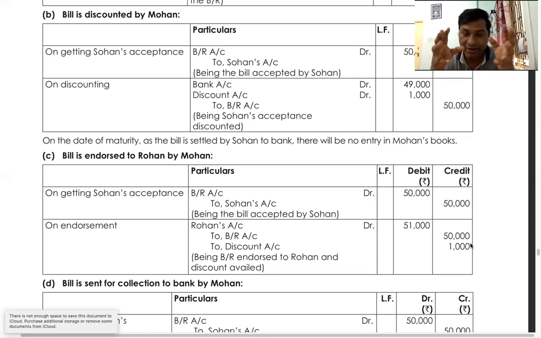Mohan got a benefit of 1,000 and Rohan gave a benefit of 1,000. Anyway, I'm getting 50,000 instead of 51,000, let me give 1,000 discount to him because he's paying me immediately. So 1,000 is discount given by Rohan. The narration being bill receivable endorsed to Rohan and discount availed. And there's nothing wrong here.